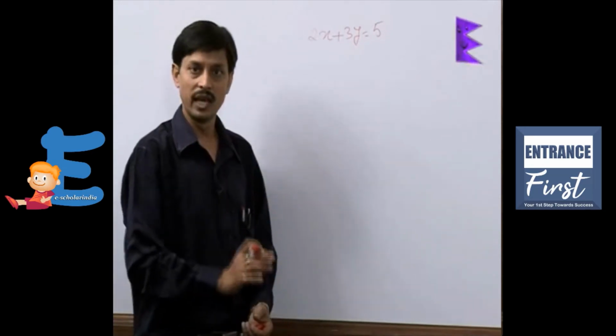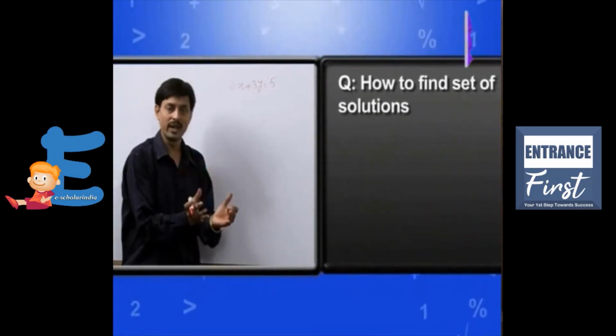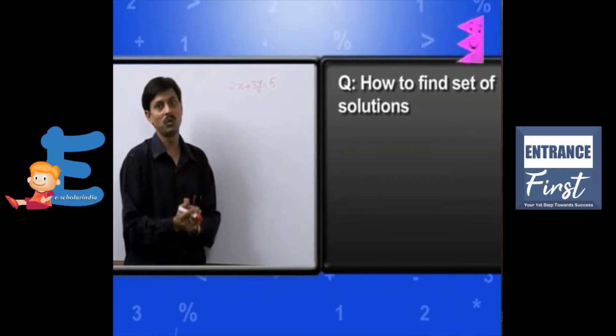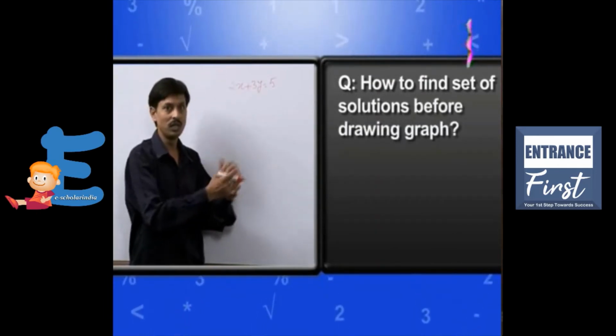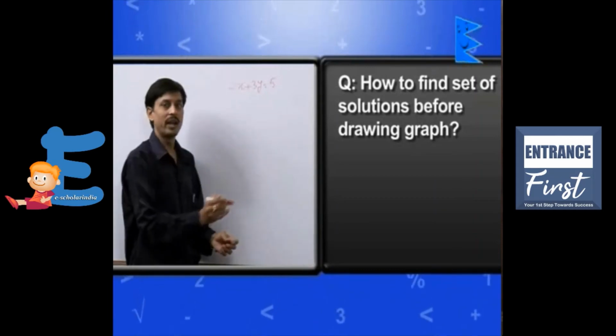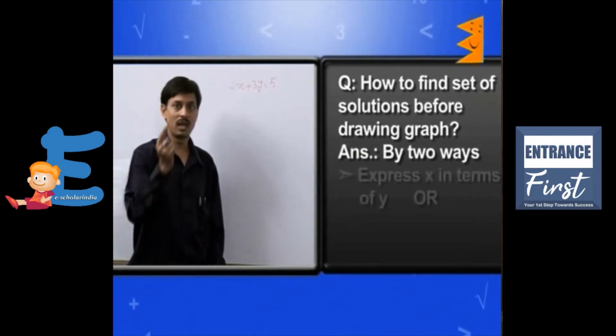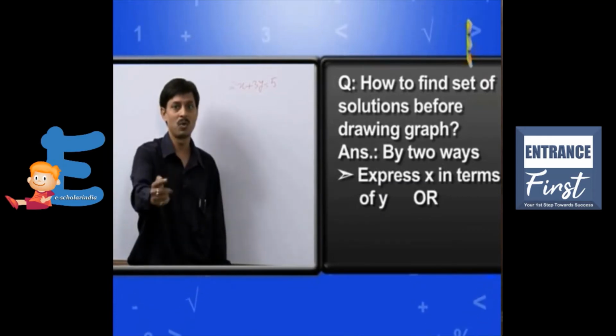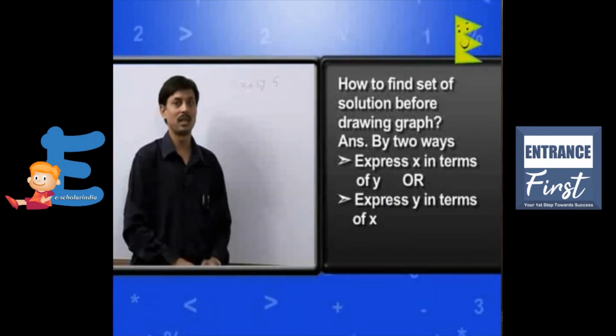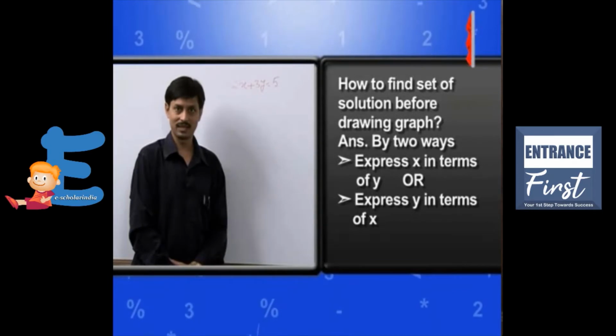Yes. Then how to find the set of solutions before drawing the graph? To find it, there are two ways. Way 1, we can express x in terms of y, or we can express y in terms of x.